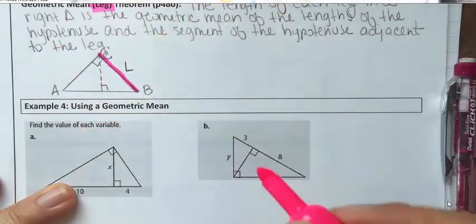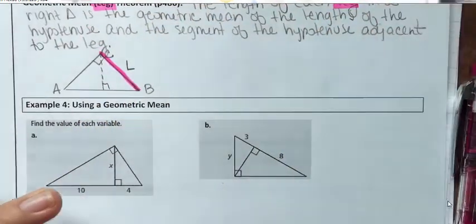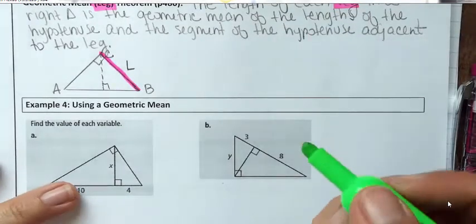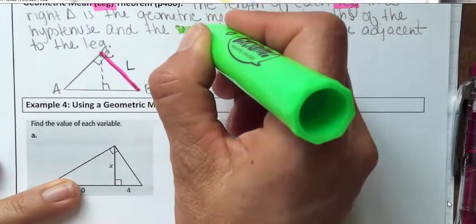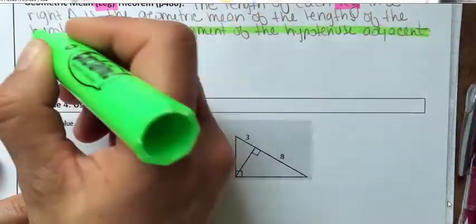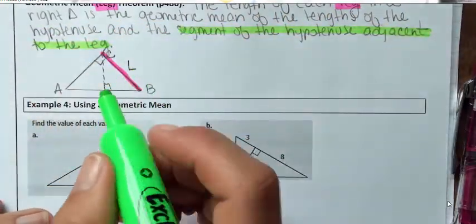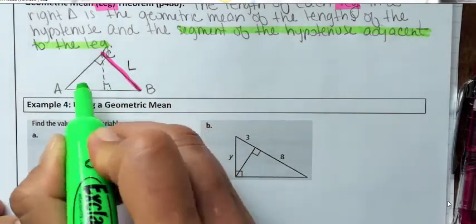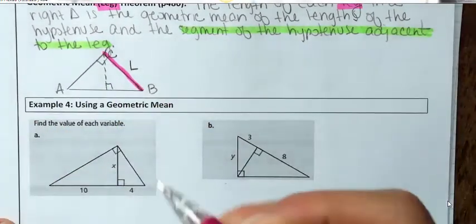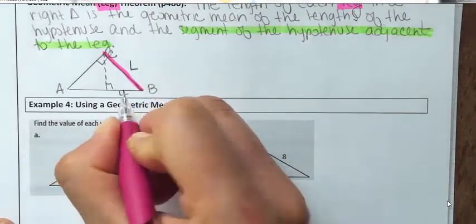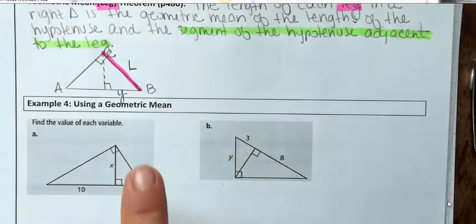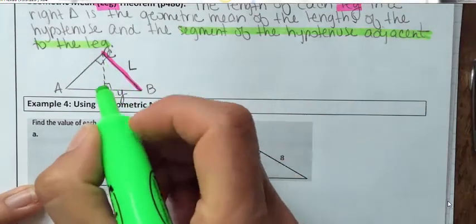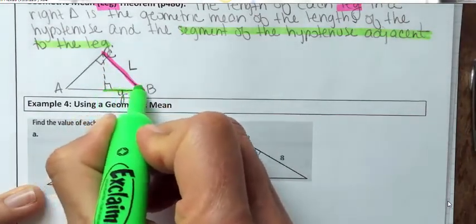So each leg, and the segment of the hypotenuse adjacent to the leg. So the segment of the hypotenuse adjacent to the leg is going to be the part of the hypotenuse that has been divided, right? So there's two parts of the hypotenuse. We'll go ahead and call this y again. Okay? That part is adjacent to the leg. So this is the part that I care about.